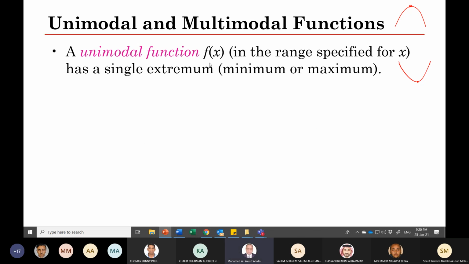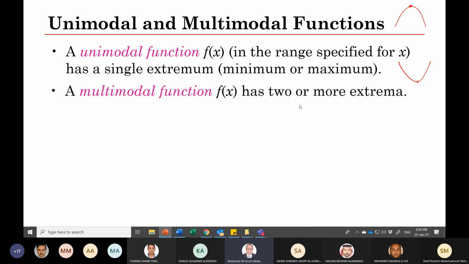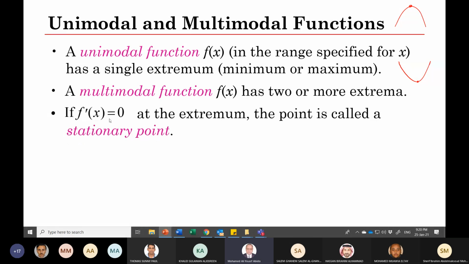And sometimes you have a multimodal function. You have several extrema points. If the derivative of the function equals 0 at an extreme point, the point is called a stationary point, and this stationary point could be a saddle point, a maximum point, or a minimum point.